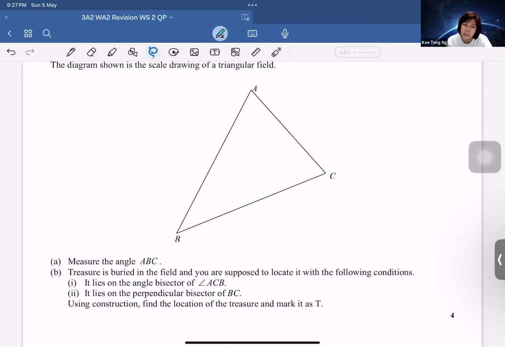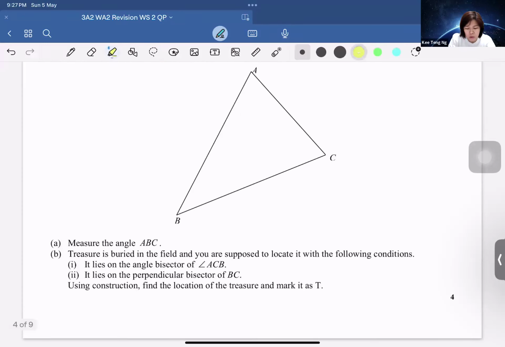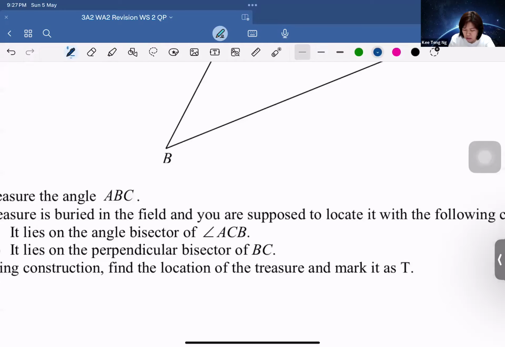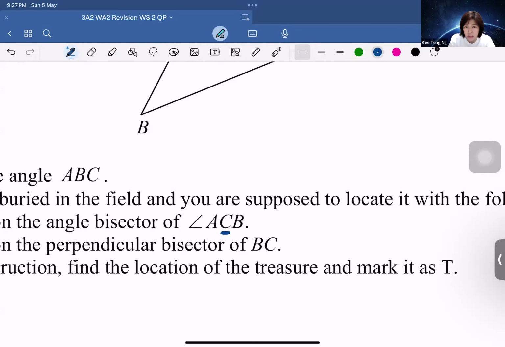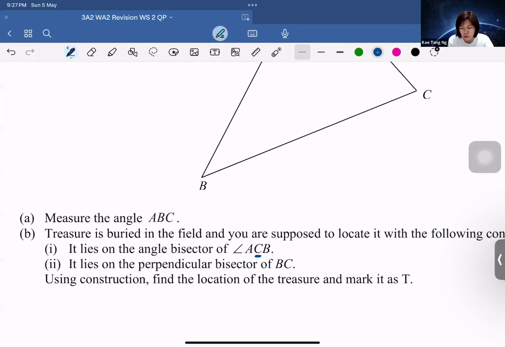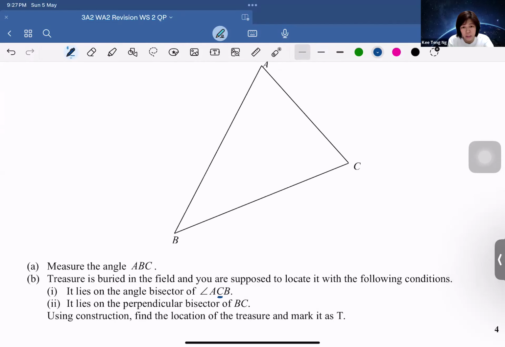Part B says treasure is buried in the field and you're supposed to locate it with the following conditions. The condition says that it lies on the angle bisector of ACB. So the angle bisector is of angle C. If you were to do your construction, put the sharp point at point C, then draw an arc.